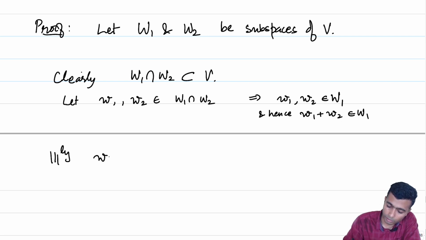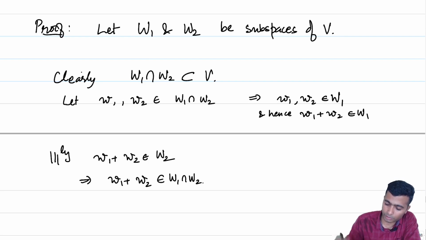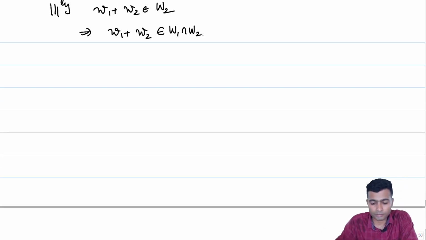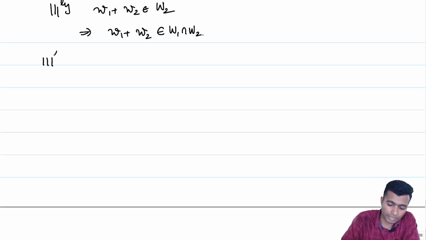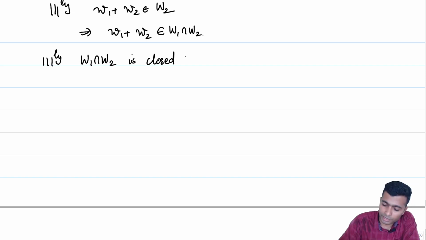Similarly, w1 plus w2 is also in capital W2, which implies w1 plus w2 is in capital W1 intersected with capital W2. It is very similar to check that W1 intersected with W2 is closed under scalar multiplication.